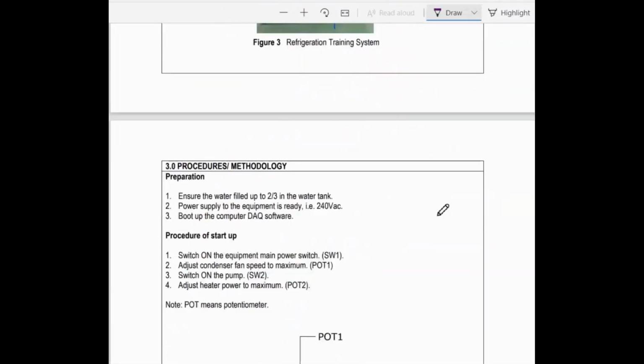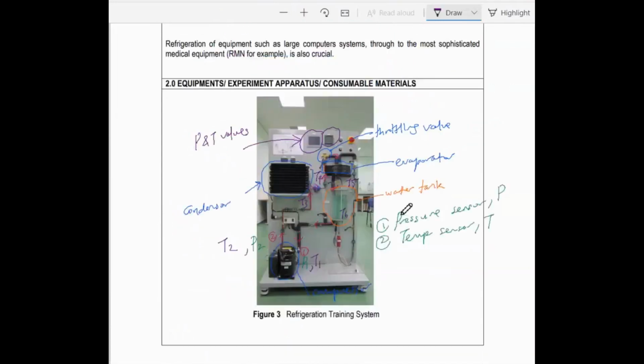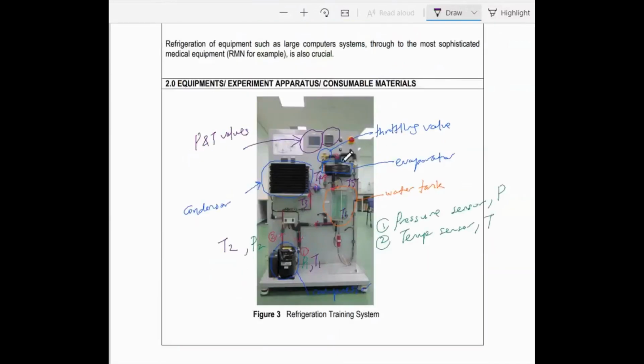Then adjust the condenser fan speed to maximum. Then turn on the pump. Also adjust the heater power to maximum, and switch it on.